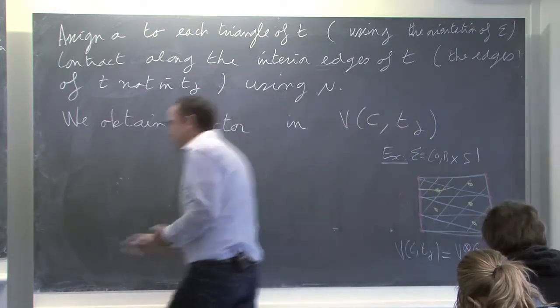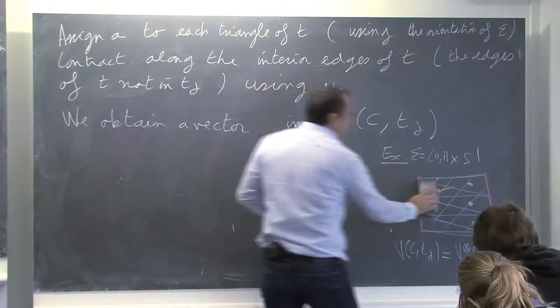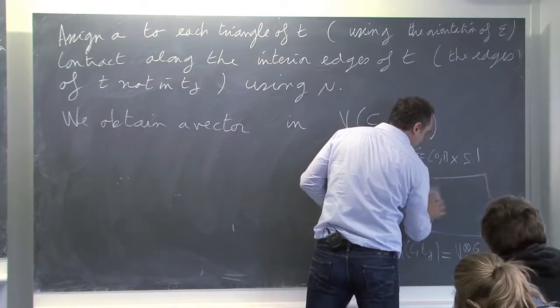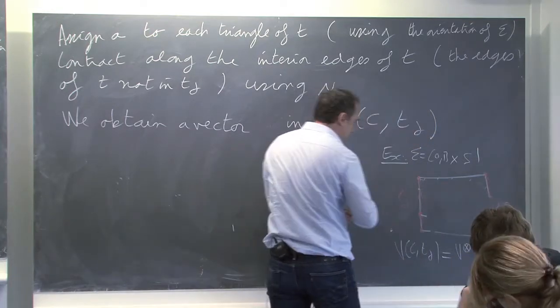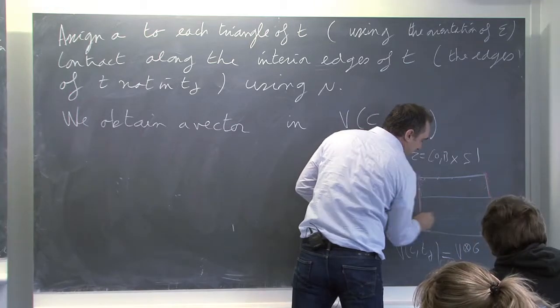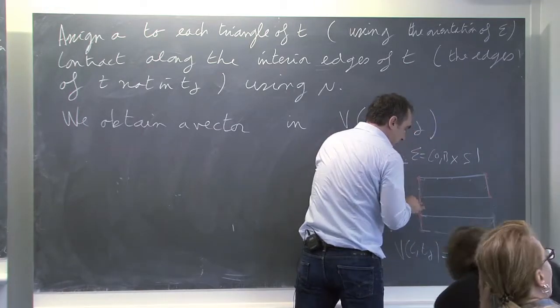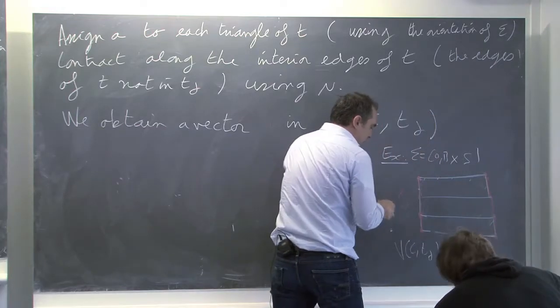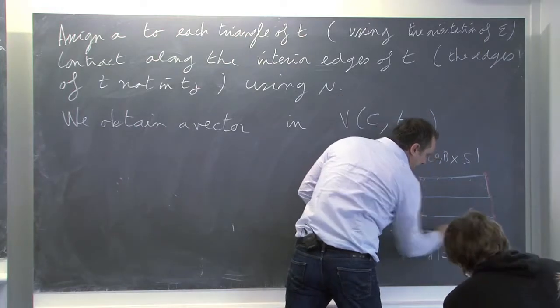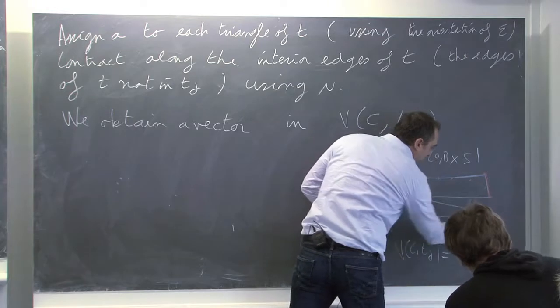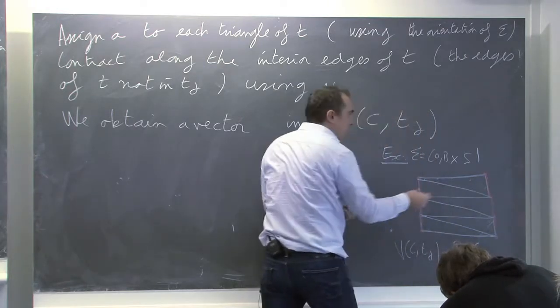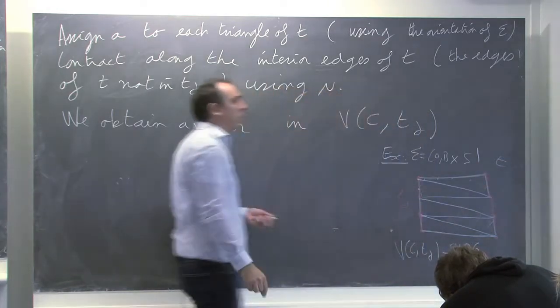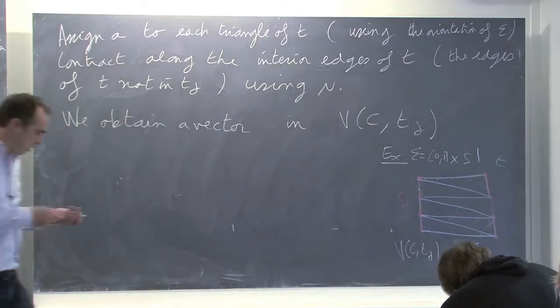So maybe I remove the plane thing because we cannot see anything. So this is T, the triangulation of the cylinder extending that of the boundary.